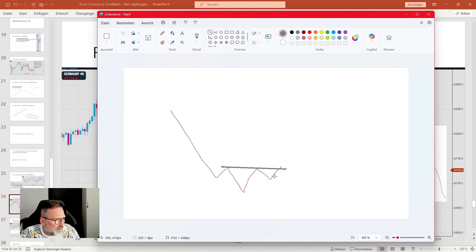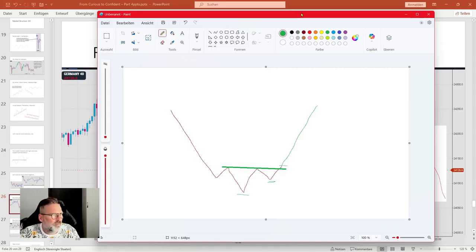So once we break the neckline, we can buy. Stop loss either here or alternatively below the lower shoulder, and then we're betting on a reversal.